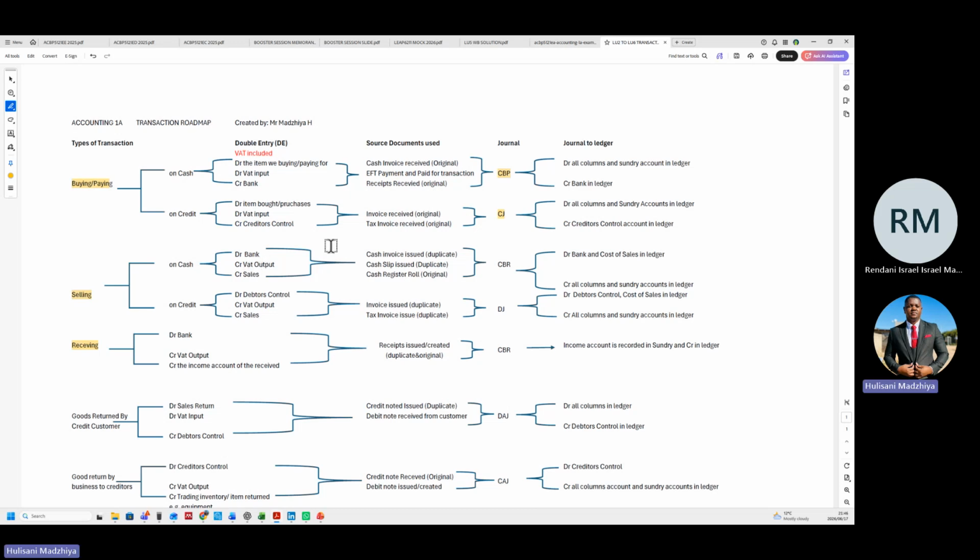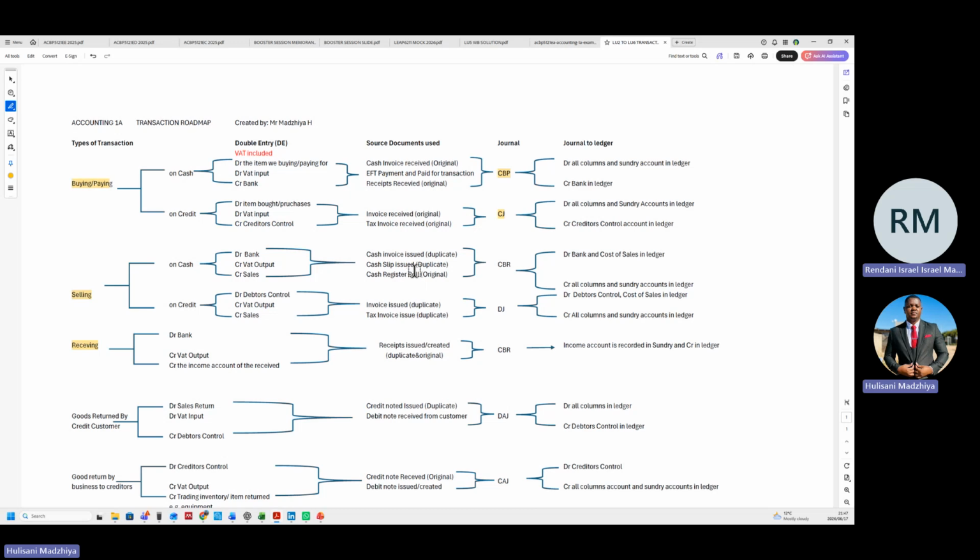The source documents used are cash invoice, cash slip issued and cash register roll. The cash register roll is sort of like a till, where you capture the information. The customer most of the time will not receive either a receipt or anything, so that's a cash register roll.